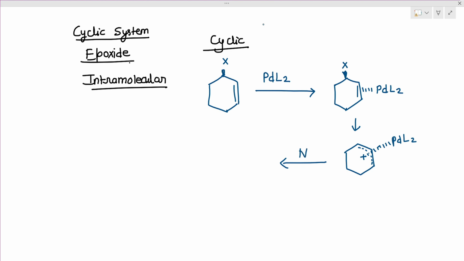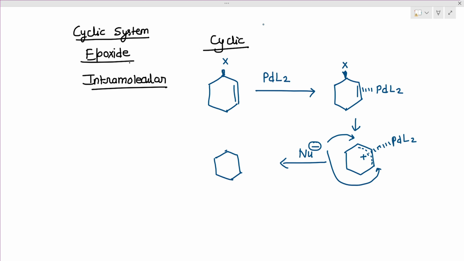Now the nucleophile can attack from this side, or it can attack from this side. Both sides are equivalent, so it can attack from either side. But if you are given an unsymmetrical system, then the nucleophile will attack from the less hindered side. In this case, it can attack from either side.